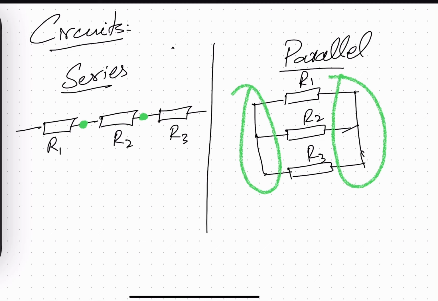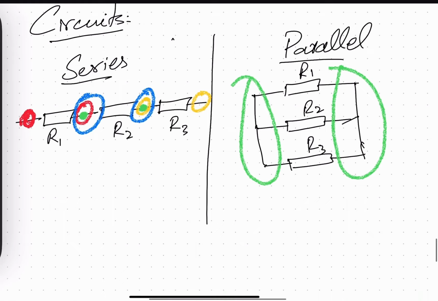In the series circuit, R1 has these two terminals, R2 has this one and this one, and R3 has this and this terminal. So in series all the components are connected with different terminals, but in a parallel combination they all have the same common terminals. That is the difference between series and parallel circuits.